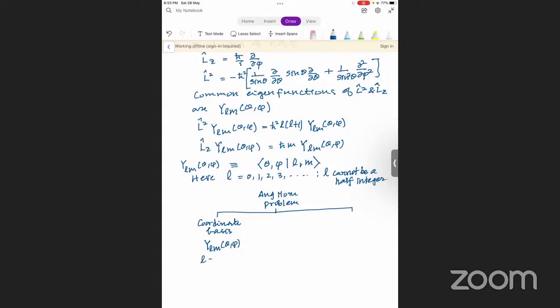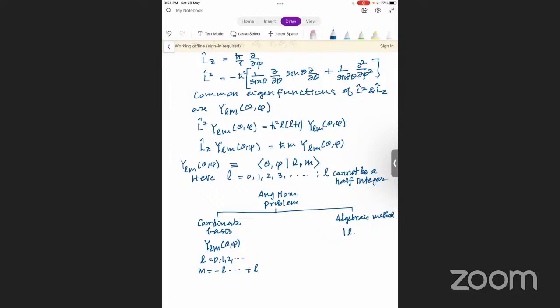In this case, L is equal to 0, 1, 2, etc. and M is equal to minus L to plus L. And here you don't choose any basis. This is what we called the algebraic method. That means you start with commutation relations.